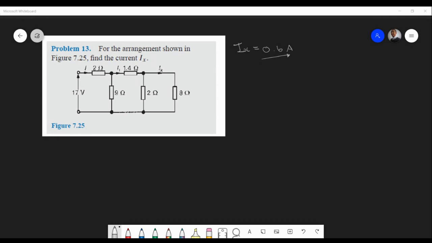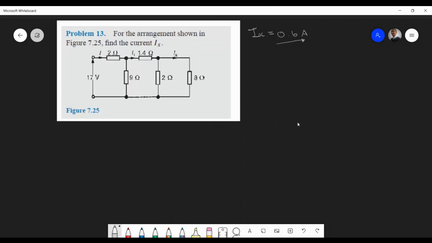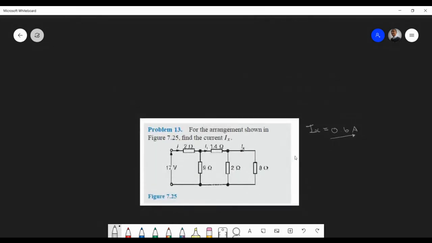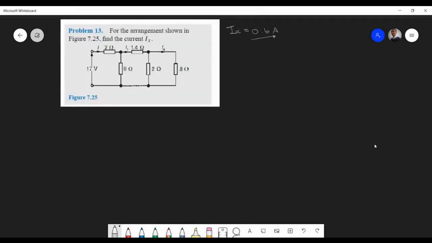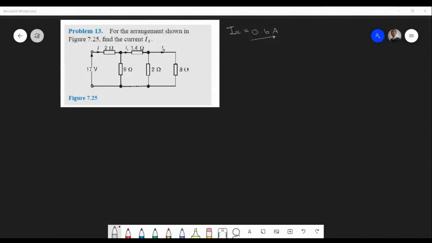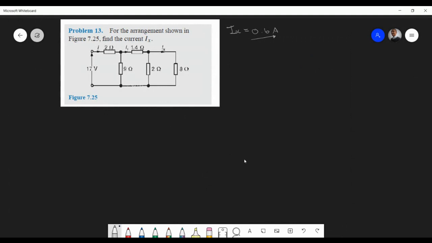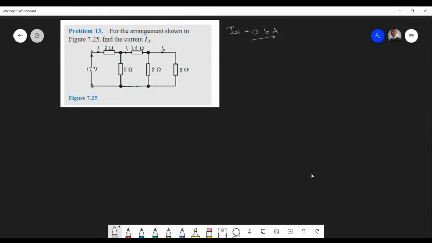All right, so we're back and you start to solve Ix. So the first approach, which I recommend, is we have to make sure that we get the 2 and 8 in parallel, right?